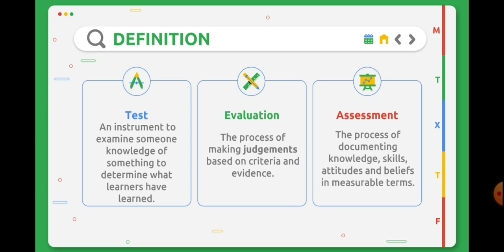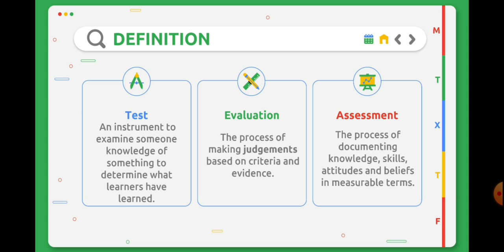Let's discuss further one by one. A test or quiz is used to examine someone's knowledge of something to determine what he or she knows or has learned. Testing measures the level of skills or knowledge that has been reached. Meanwhile, evaluation is the process of making judgments based on criteria and evidence.